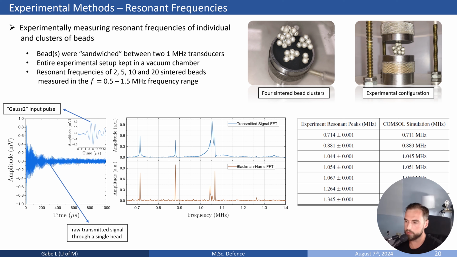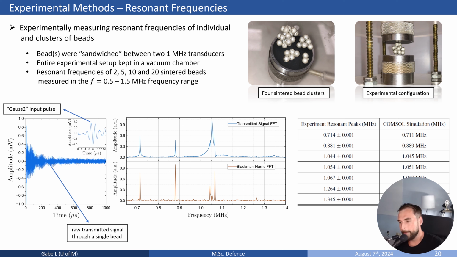We send a Gauss 2 input pulse, take the raw signal, and then take the FFT. We use a Blackman-Harris windowing to get a better resolution of some peaks, not all, but it does help. On the right side, we get a pretty good correspondence between the experimentally measured peaks and the COMSOL simulated peaks.